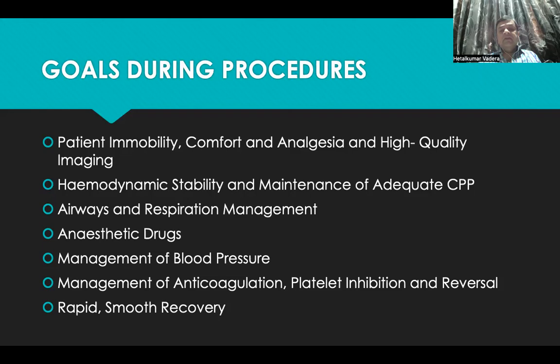Anesthetic drugs of choice: I'll say we have to go for analgesia, amnesia, and muscle relaxation, all three components of balanced anesthesia. So my choice is fentanyl, propofol, and a muscle relaxant. Either you can use atracurium or nowadays rocuronium, because when you use rocuronium, you can rapidly reverse with a drug like sugammadex, and the patient will have faster recovery with sugammadex without any changes in hemodynamics.